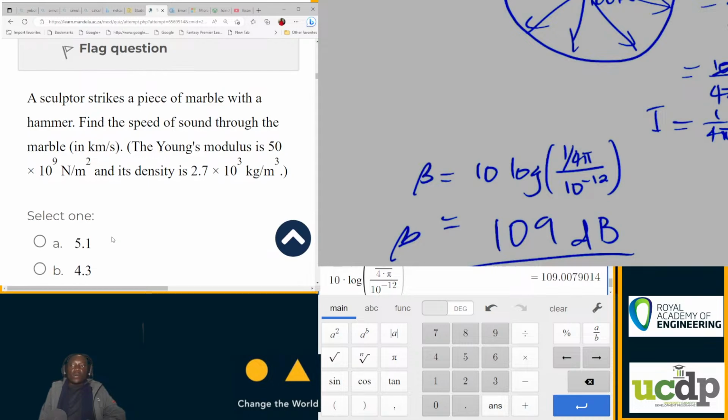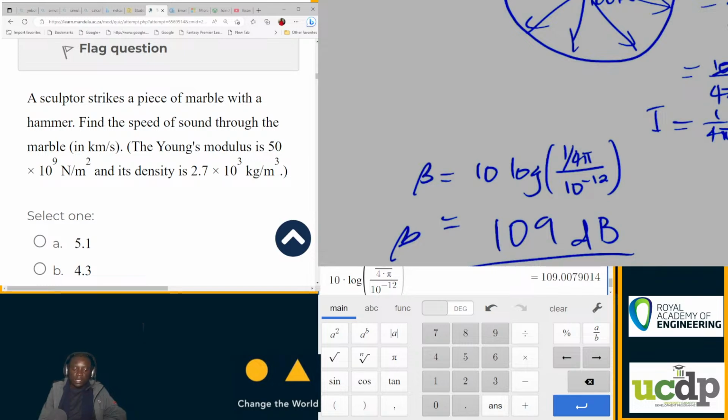Okay, so for question number 5, a sculptor strikes a piece of marble with a hammer. Find the speed of sound through the marble in kilometers per second. The Young modulus is 50 times 10 to the 9 newtons per meter squared, and the density is 2.7 times 10 to the 3 kgs per cubic meter. So the velocity in a solid is given by the property of elasticity and another property of inertia.